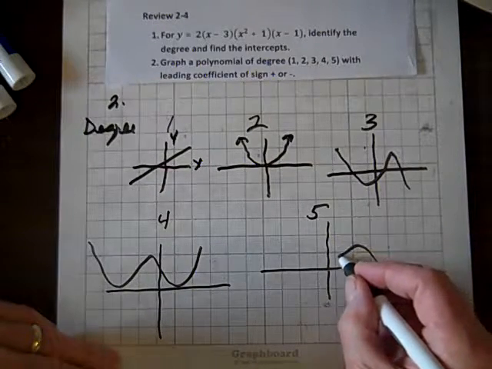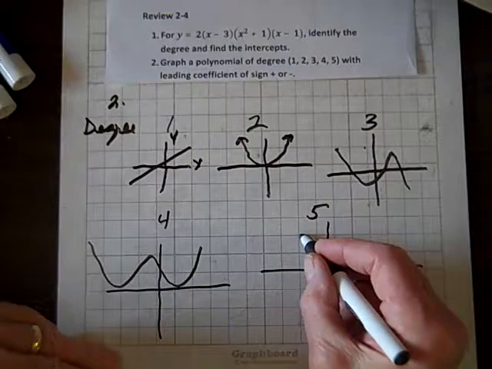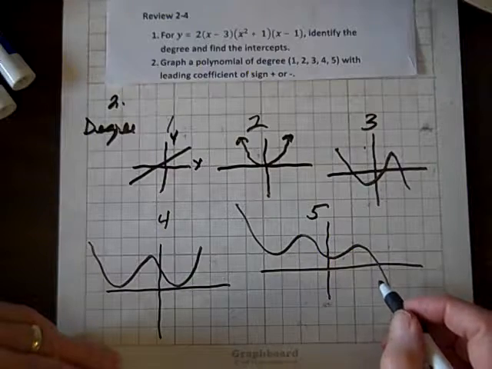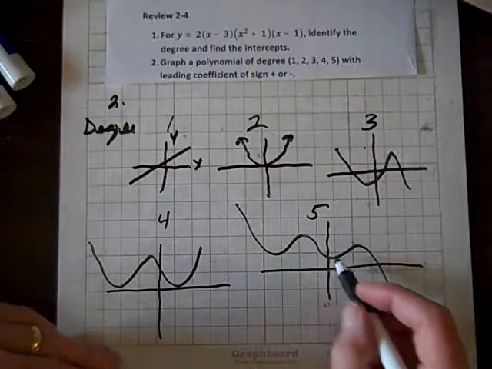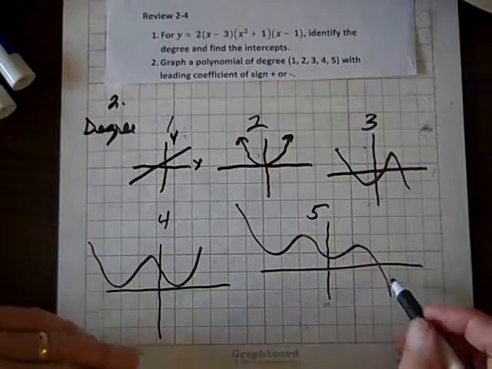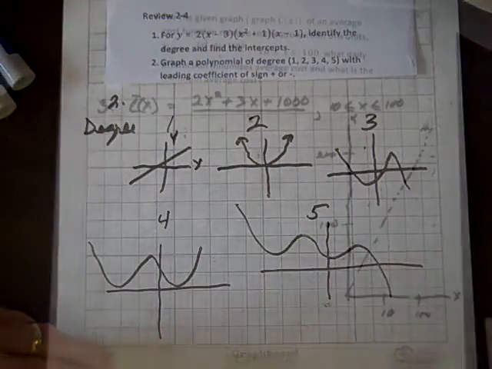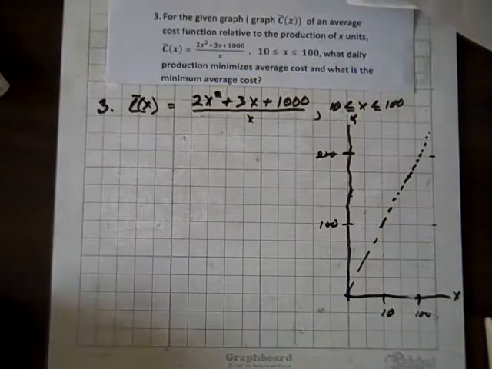We're going to go up and down and up and, let's see, down and up. And let's count the number of peaks or valleys. 1, 2, 3, 4. So degree 5 can have at the most 4 peaks or valleys. And we're done.